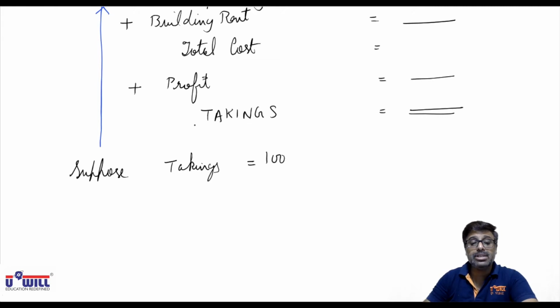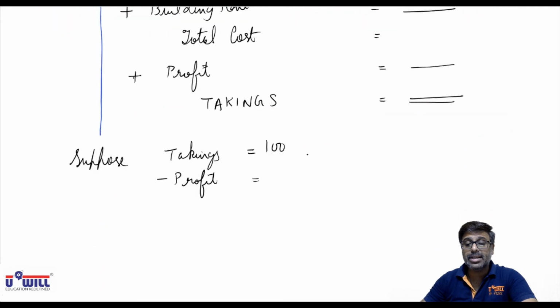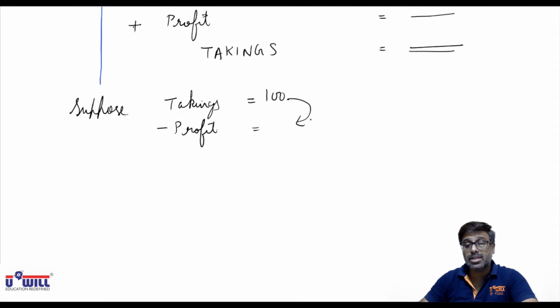Now if you go reverse, this plus will become minus profit. Now profit is given as 20% on total taking. So you all must recollect this kind of workings we used to do in hotels. 100's 20%, 20. So total cost would come to 80.